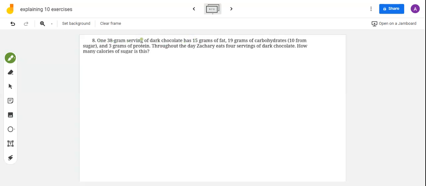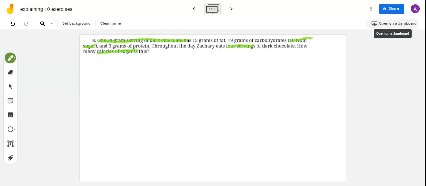So, a 10-gram serving of dark chocolate, 4 servings, calories of sugar. Let me highlight the number of calories from sugar.